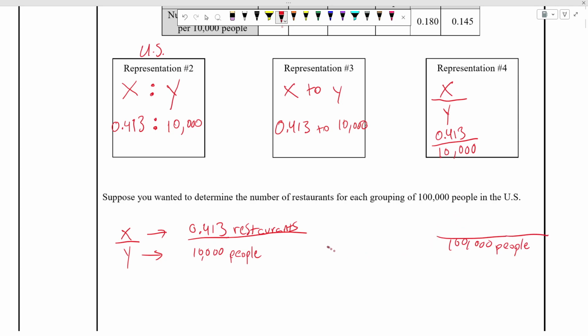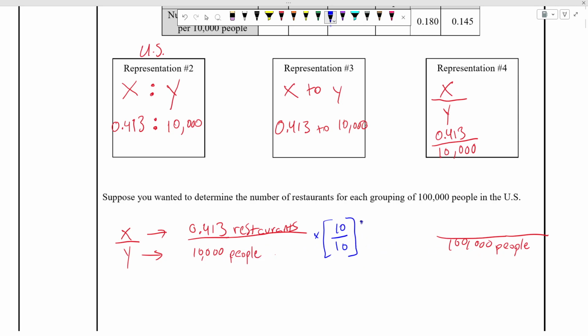Well, in order to go from this number to this number, you might recognize the idea that there would be a common denominator, the least common multiple, in fact. If I listed out 10,000 and another 10,000 would be 20,000 and so forth and so on, right? I could do that, and basically the least common multiple here would end up being 10. That would get me from 10,000 people to 100,000 people.